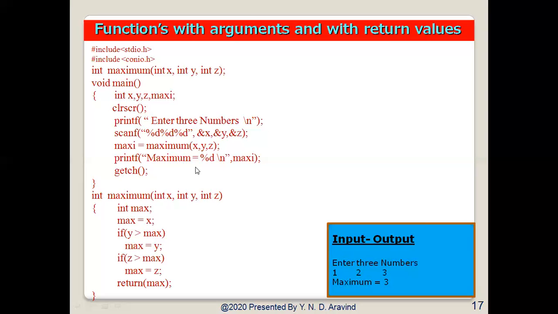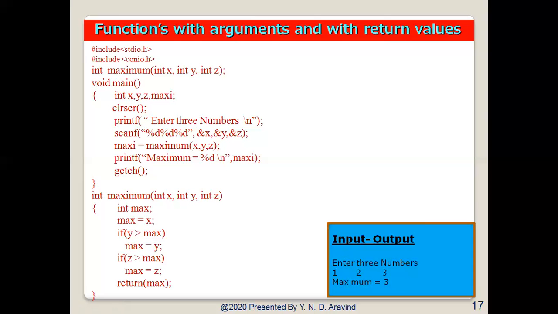Now what I am doing, maximum is equal to percentage d, I am printing that maxi value. So what is the return value? The greatest of the three numbers 1 to 3 is 3. So that 3 is returned into the maxi and that value is being printed. So this is the third format category, that is functions with arguments and with no return value.